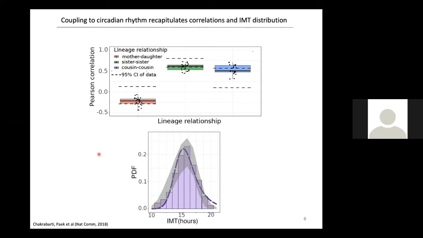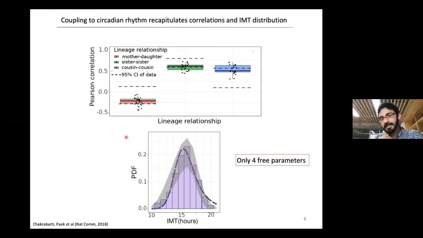The other thing that I want to point out here is that our model has only 4 free parameters. The reason is that these distributions tend to be right skewed. These are not Gaussian distributions, these are skewed. The moment you have a skew in your distribution, you require at least 3 parameters to describe it: the mean, the variance, and the skew.